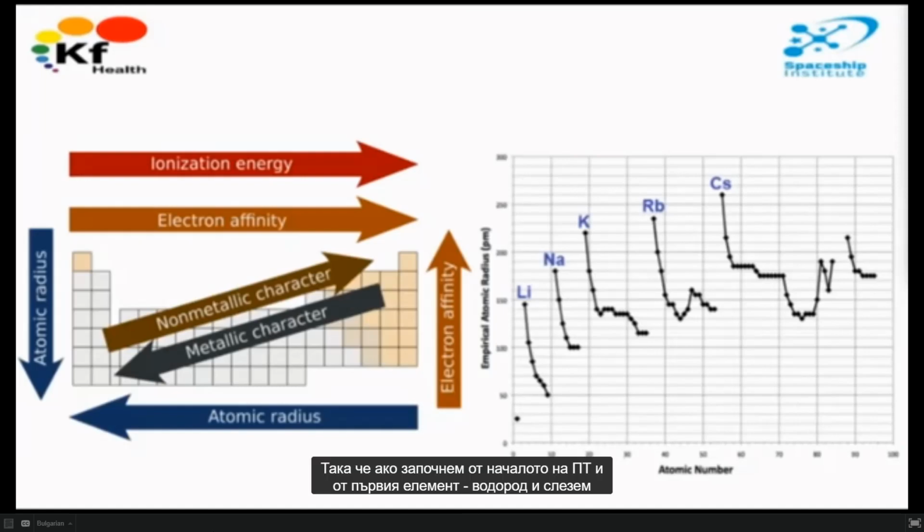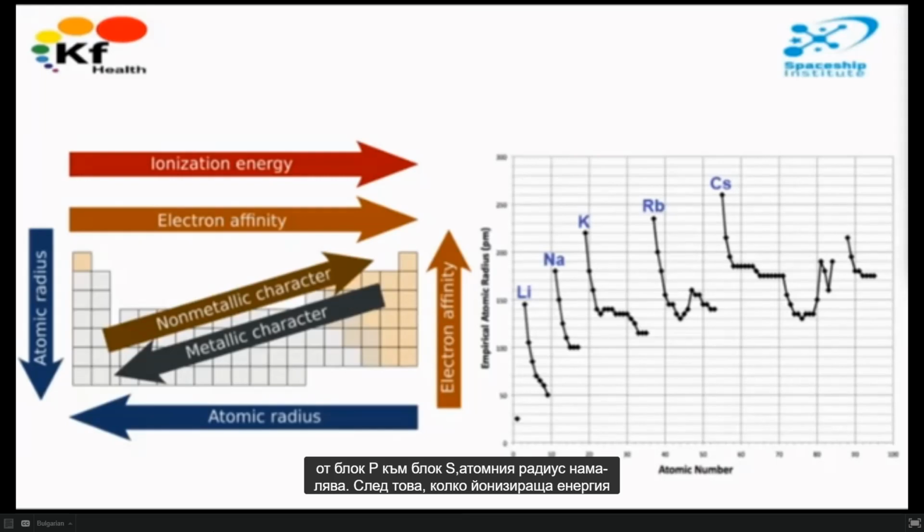So if we start from the beginning of the periodic table and from the first element hydrogen, and we go down its column, we see atomic radius just decreases. The same thing if we go from block P to block S, atomic radius decreases.